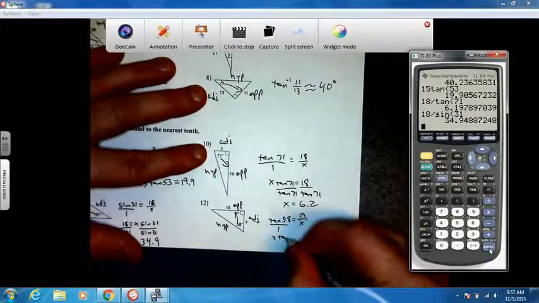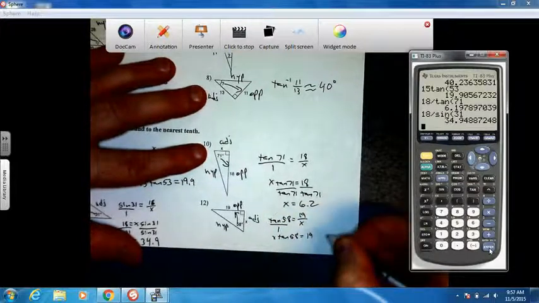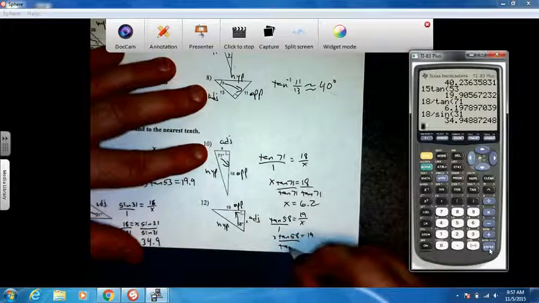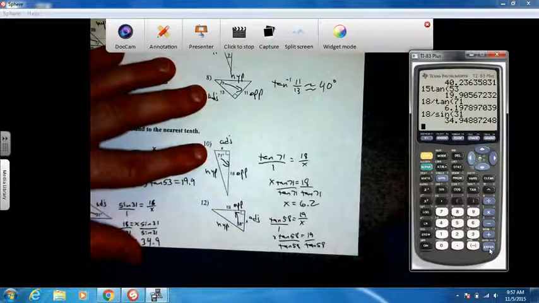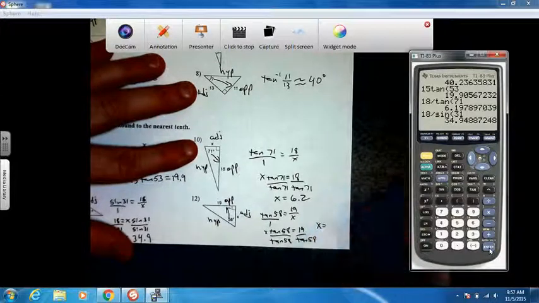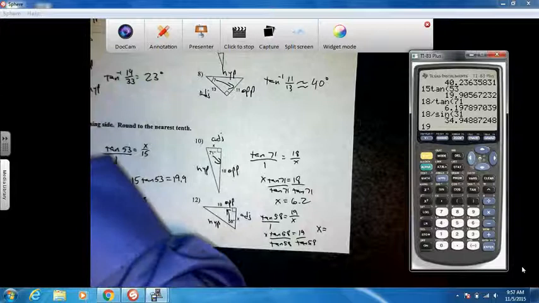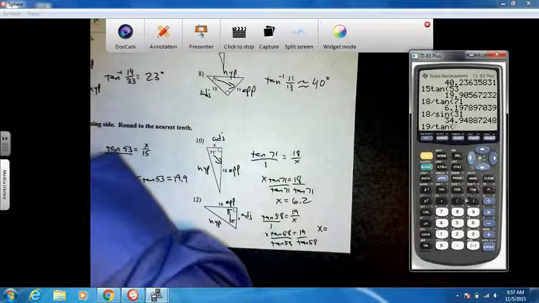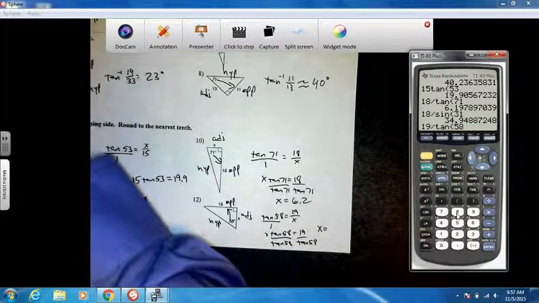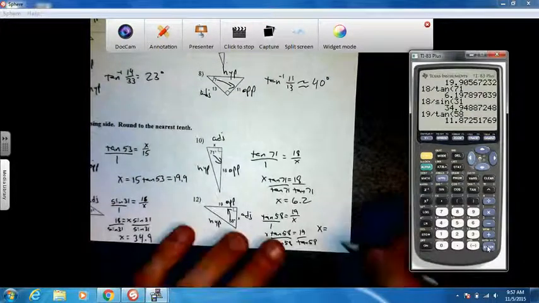X times the tangent of 58 equals 19 times 1. Divide by the tangent of 58. And we're about to find out what x is. So 19 divided by tangent 58. So x is about 11.9.